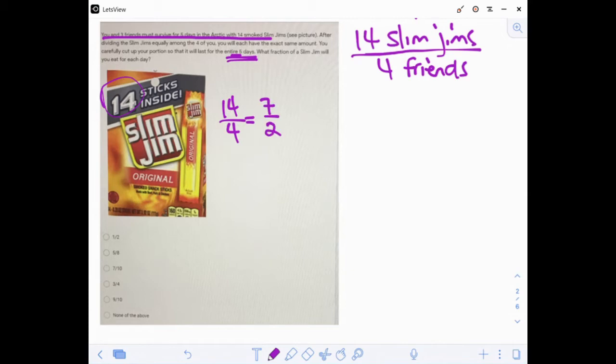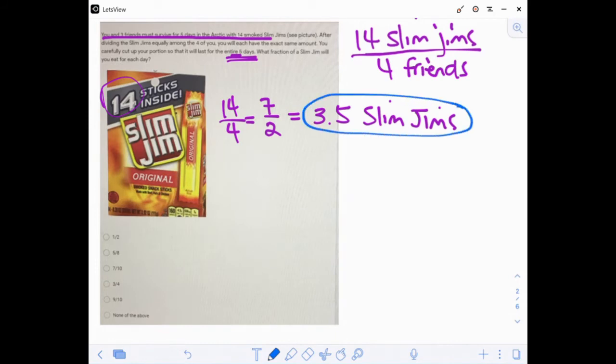So each person is getting, not about, is getting 3.5 Slim Jims, or 7 halves, either one. If you want to keep it as a fraction, keep it at 7 halves.